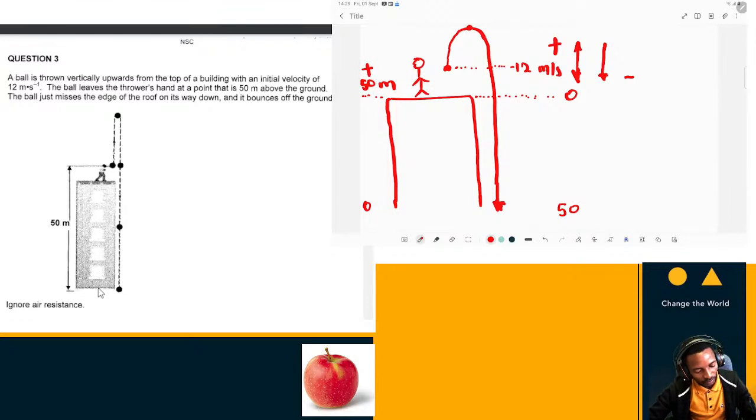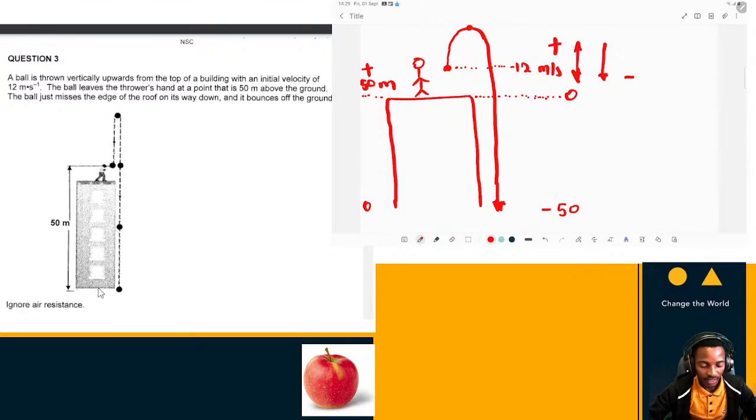If you move from this point to this point, you will be moving in the negative direction. So this will be 0, this will be negative 50, this will be 0, and this will be positive 50. So anything that is moving from where the thrower is to the ground will be negative, and anything that is moving from the ground towards the thrower will be positive.